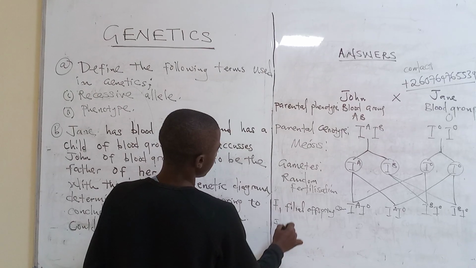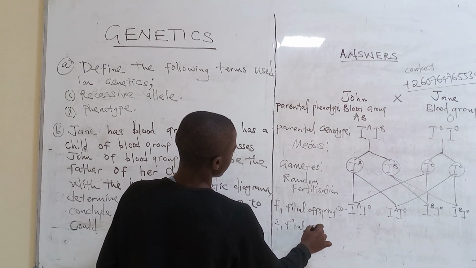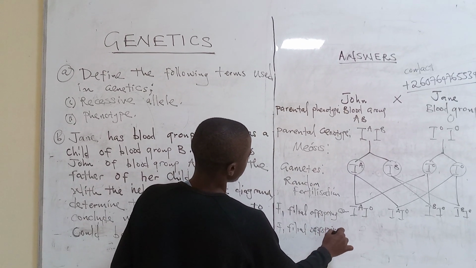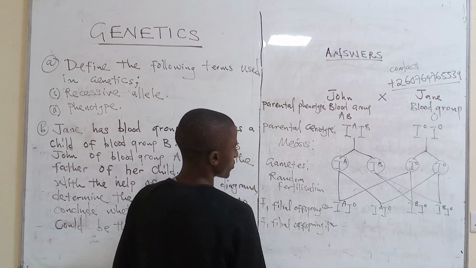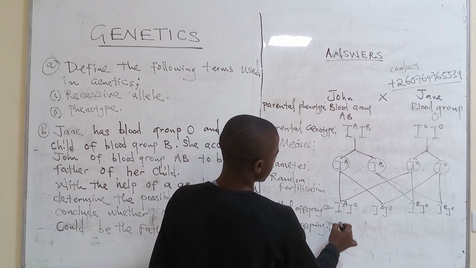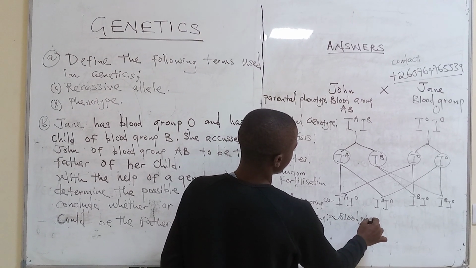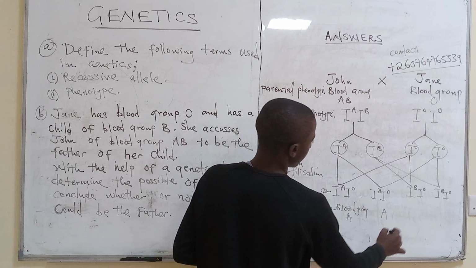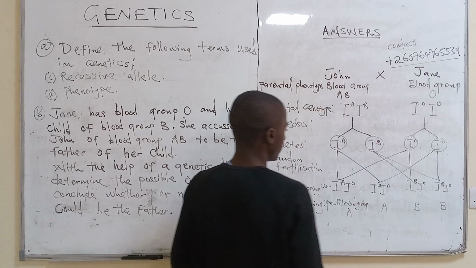So first filial offspring phenotype, the physical appearance of an organism. So that one is blood group A, blood group A, blood group B, blood group B.